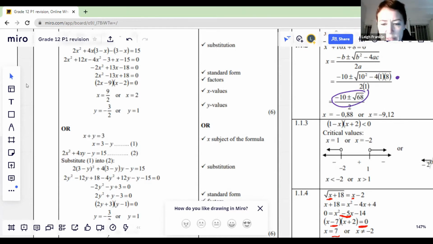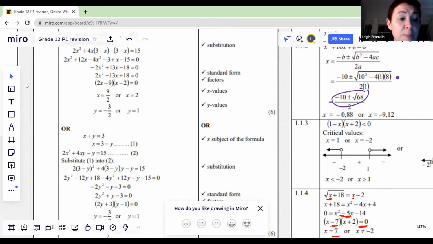Ma'am? Yes. Ma'am, can I ask, how do you factorize when there's a coefficient in front of the x squared? Because it becomes difficult. If you are struggling with it, you are welcome to use the quadratic formula, just as an alternative.